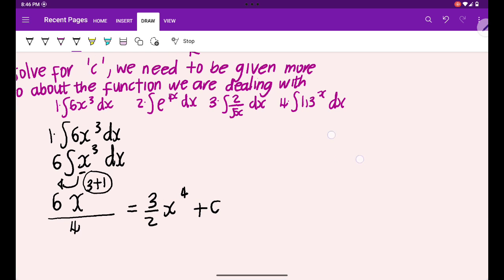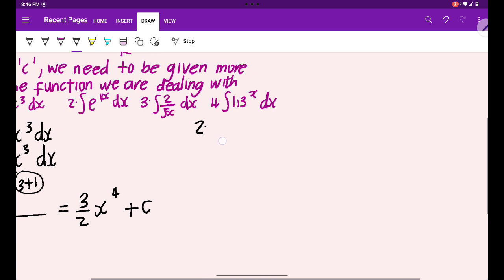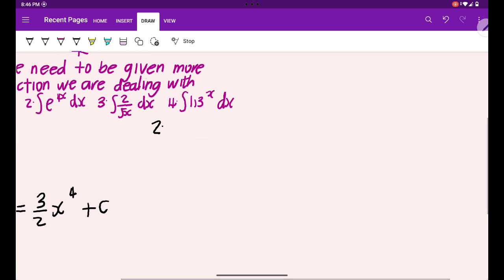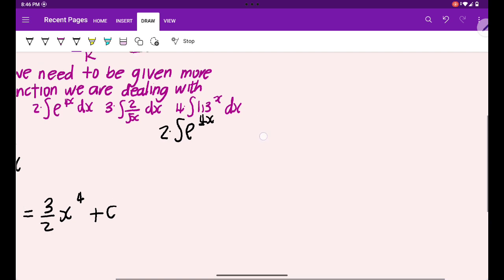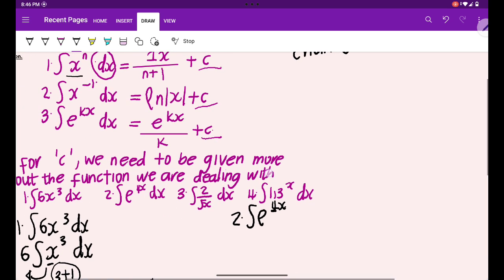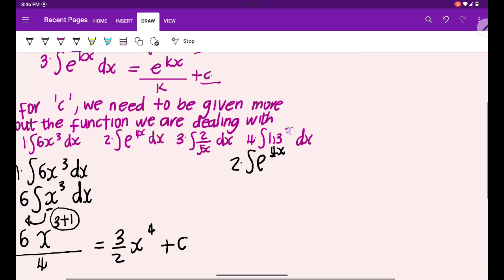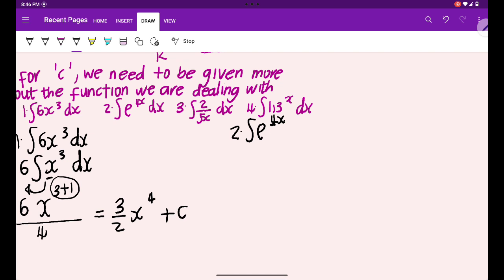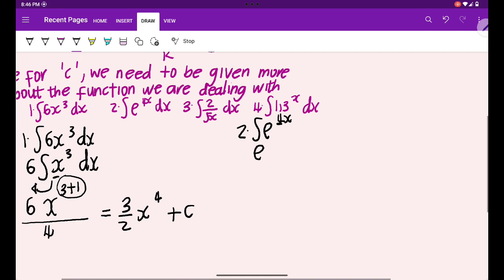And then the second working says integrate, right? So it's the integral sign, e to the power of 4x. I have a constant 4, right? And that sounds like the third rule, right? So it says write the function as it is and divide by k. I'm integrating, so I let go of the integral sign.